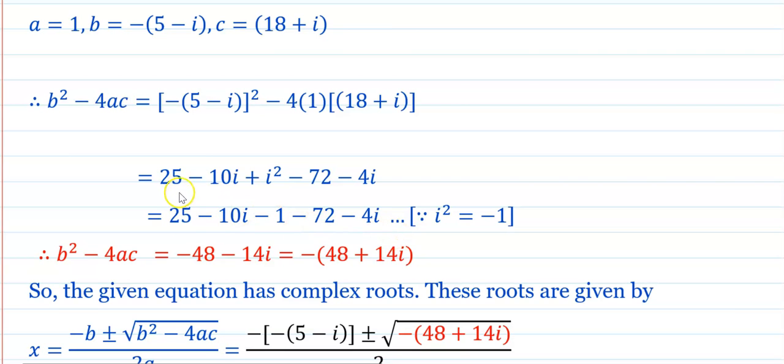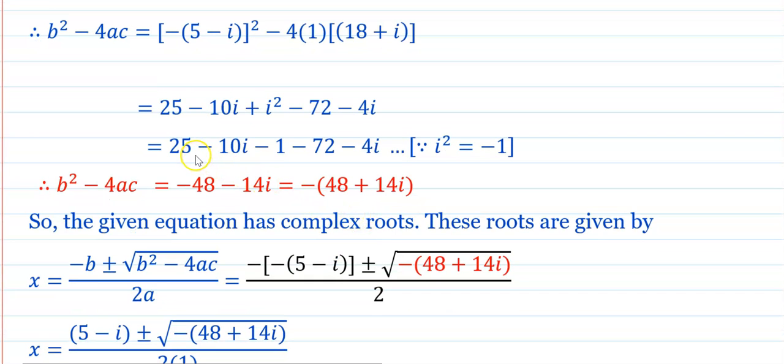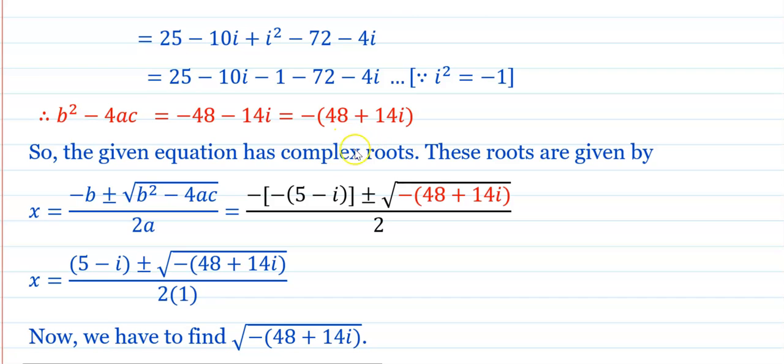Next 25 minus 10i, i square is minus 1, minus 72 minus 4i. Okay. Now here again 25 minus 1, you will get 24, plus 24 minus 72 minus 48, minus 10i minus 4i minus 14i. Take minus as a common. 48 plus 14i. Okay, this is the value of b square minus 4ac.